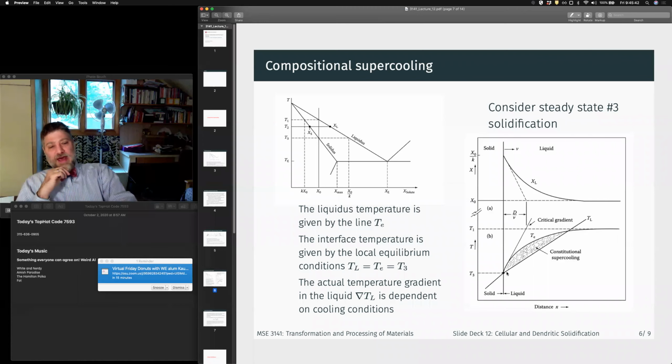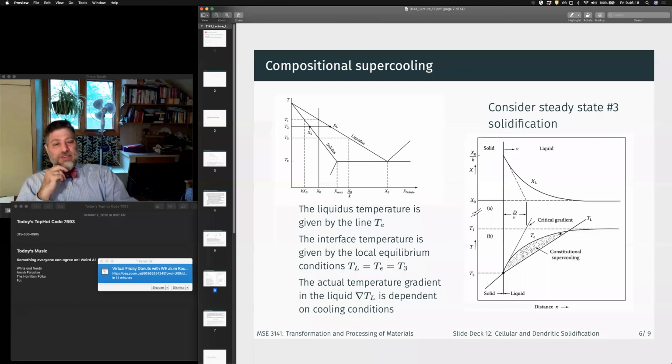That means if our temperature gradient is less than this, if this is the temperature of our liquid, anywhere that the temperature of our liquid is lower than this curve, we're effectively supercooled based on the local concentration.